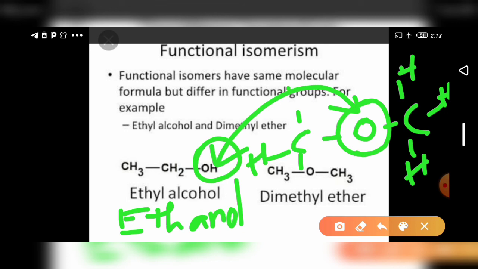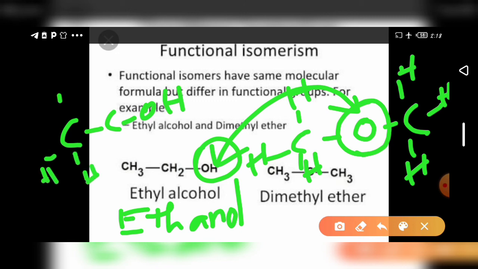See here, the structure of dimethyl ether is CH3OCH3. Here ethyl alcohol is CH3CH2OH. So the structure varies, and the chemical properties also differ. This one has alcoholic properties, this one has ether properties. Same molecular formula.